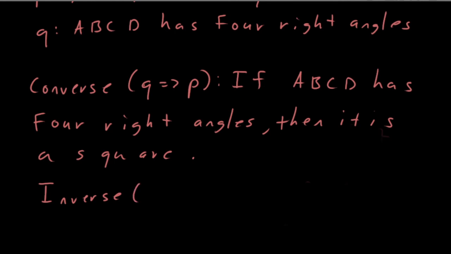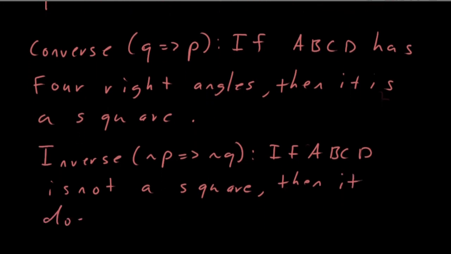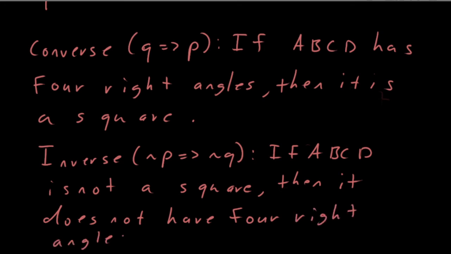Remember, the inverse is not P implies not Q. So the inverse would be, if ABCD is not a square, then it does not have 4 right angles. Okay, so that's how we would write the inverse of this statement.